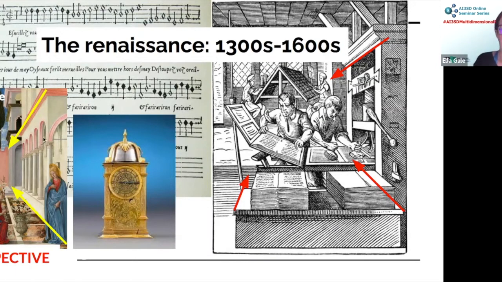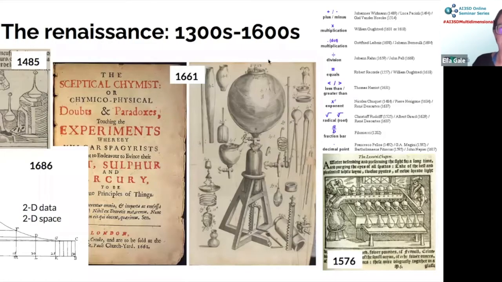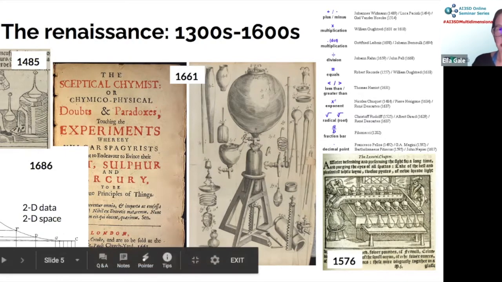We got some other technologies around this time, such as the printing press, clocks, and for our purposes, science. This is the same time that mathematics started to be written in a symbolic way and algebra started to be made. And also, this is when the first graphs were drawn. I think it's quite interesting that when we started with three-dimensional space on a two-dimensional flat painting, we also started plotting two-dimensional data from two-dimensional space and the graphs we all know and love.